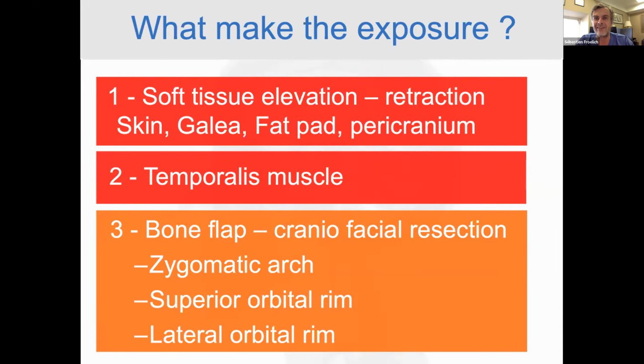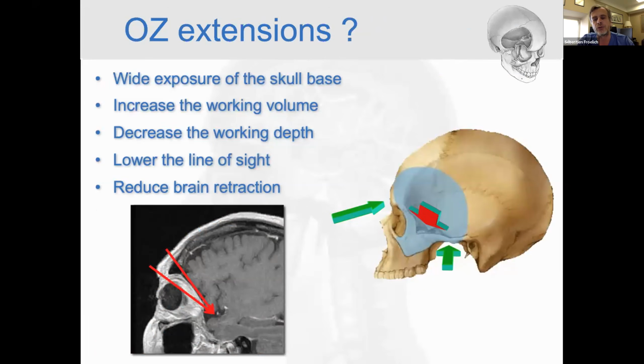The soft tissue elevation should not obscure, should not be in the way of the line of sight that will be given by the bony work. Otherwise, the bony work you have done is for nothing. So it's most important to have a proper soft tissue dissection, and then the bony work, the bone flap, the drilling, according to the exposure you got with the soft tissue.